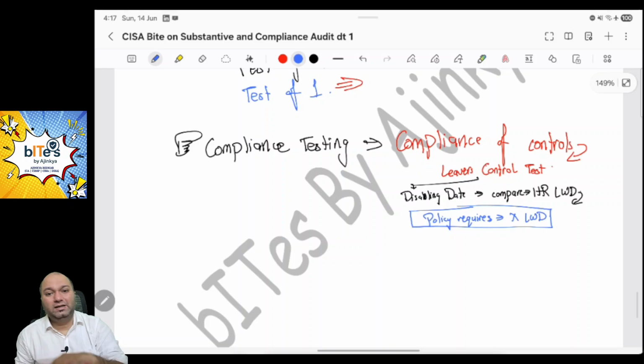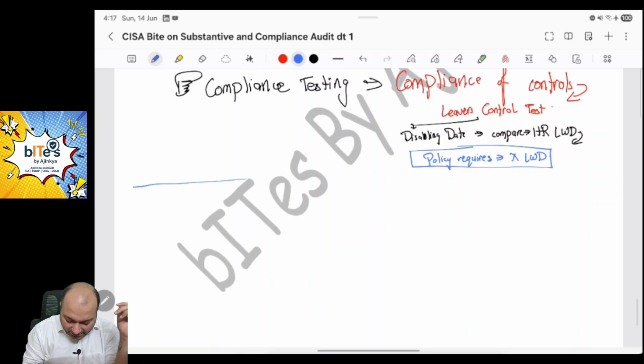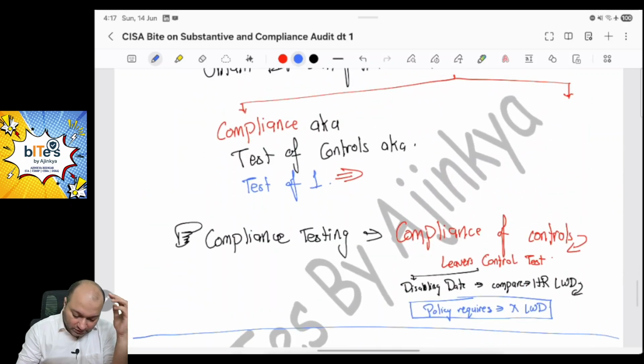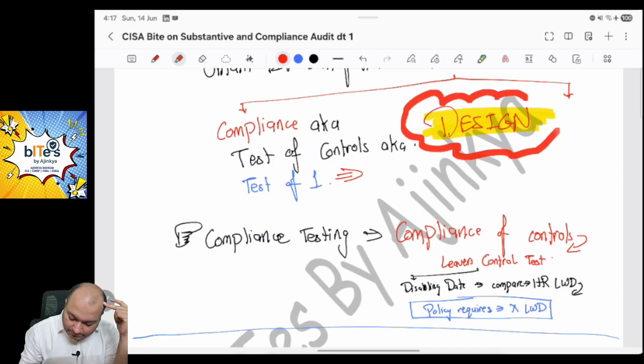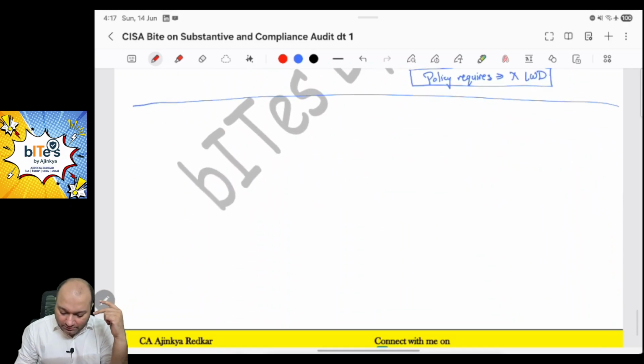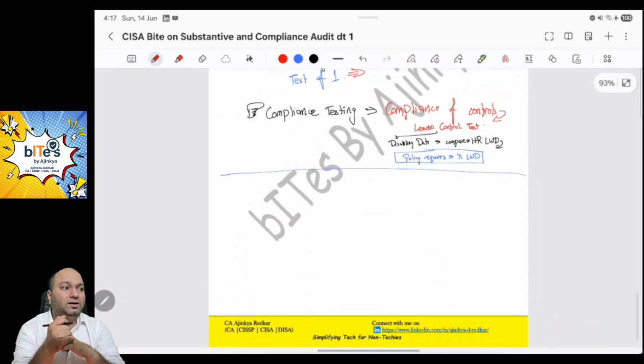So, compliance testing is basically testing of one, or test of controls, or compliance testing to check whether the control is designed effectively or not. If I have to summarize it again, I will say testing of design. The auditor will check the design of the control, and based on the design, the auditor will then go ahead with other audit procedures.